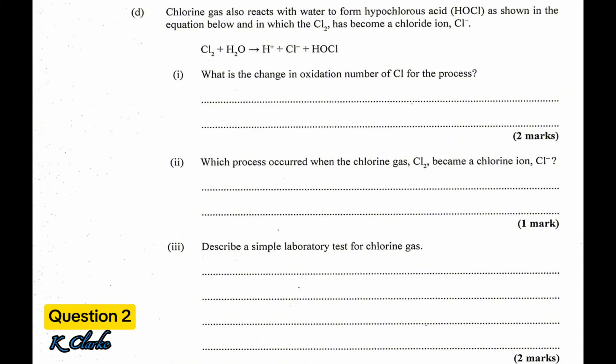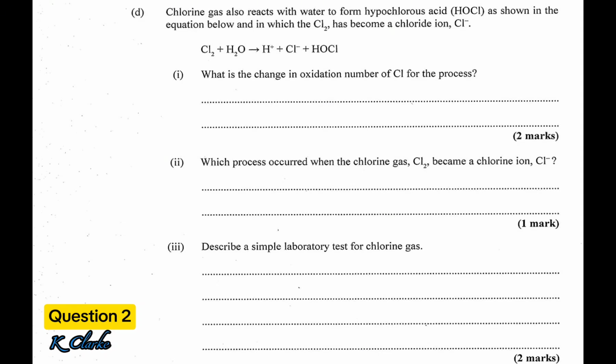D. Chlorine gas also reacts with water to form hypochlorous acid, as shown in the equation below, and in which the chlorine gas has become a chloride ion. Part 1.